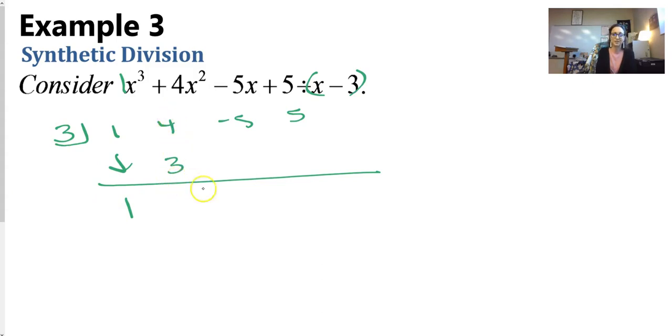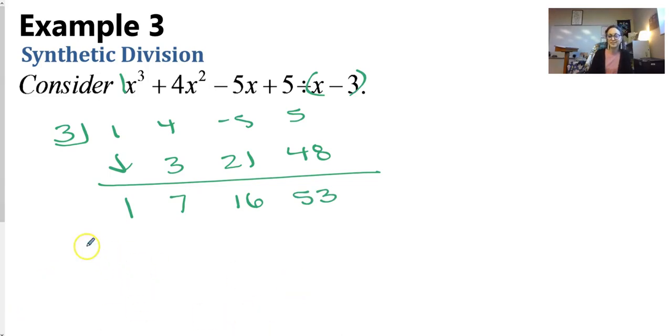Now add straight down, you're going to have 7. Now multiply the 3 to the 7. We get 21 here. Add straight down, we get 16. Multiply the 3 to the 16, you get 48. Add straight down, 5 plus 48 is 53.